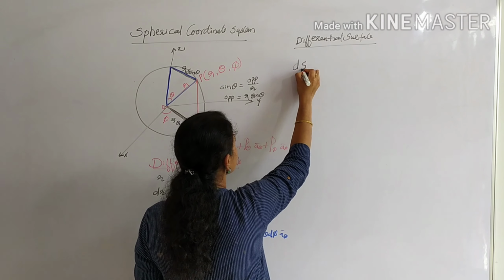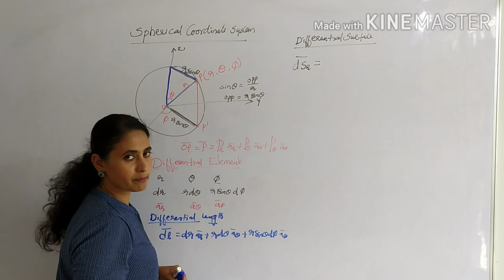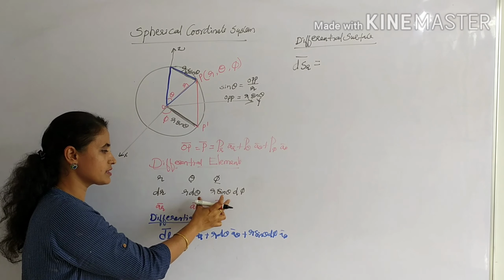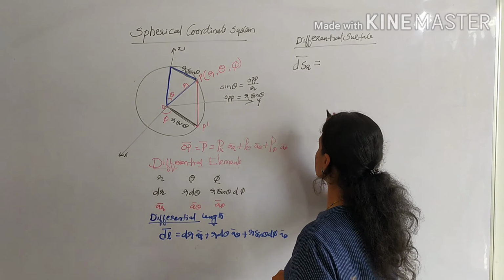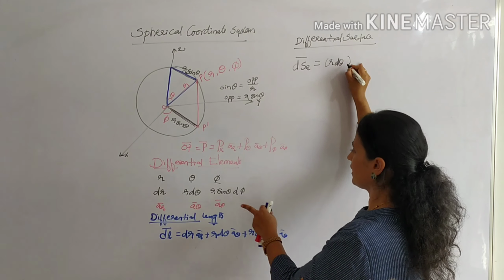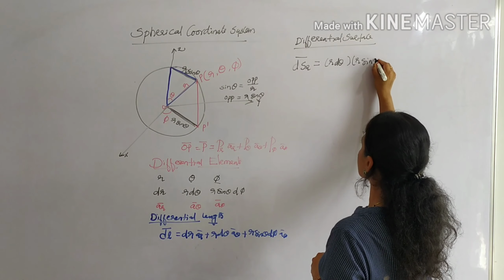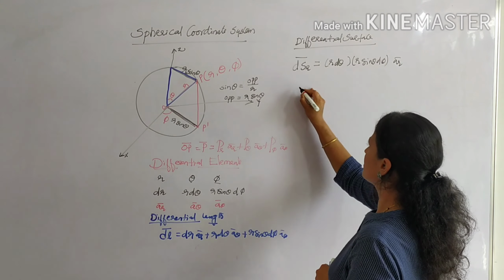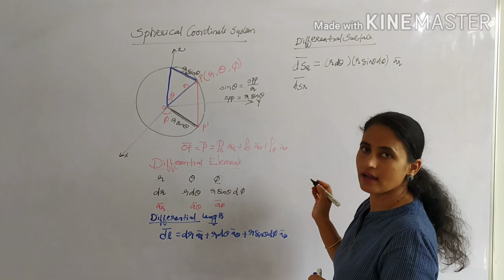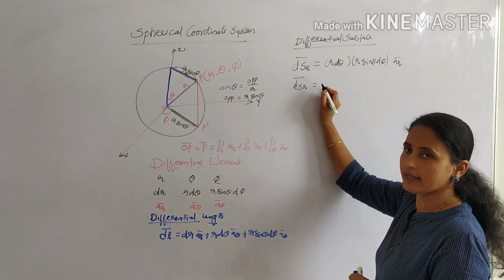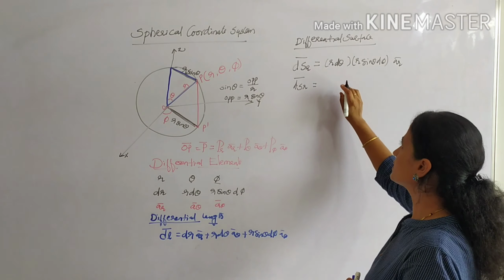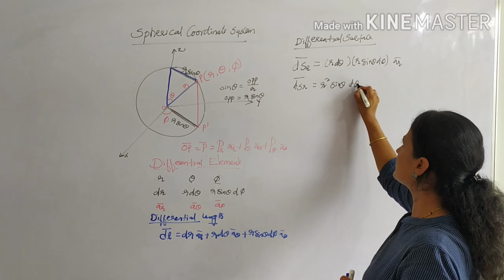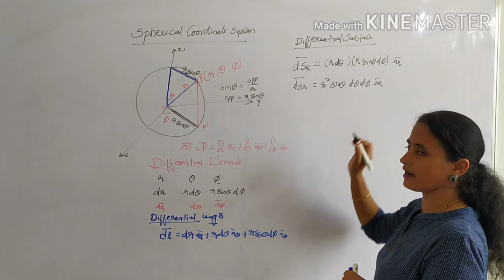If the surface is normal to r, it must be composed of two sides: r d theta and r sine theta d phi, and it is normal to the unit vector ar. So the differential surface area normal to r is r squared sine theta d theta d phi ar.